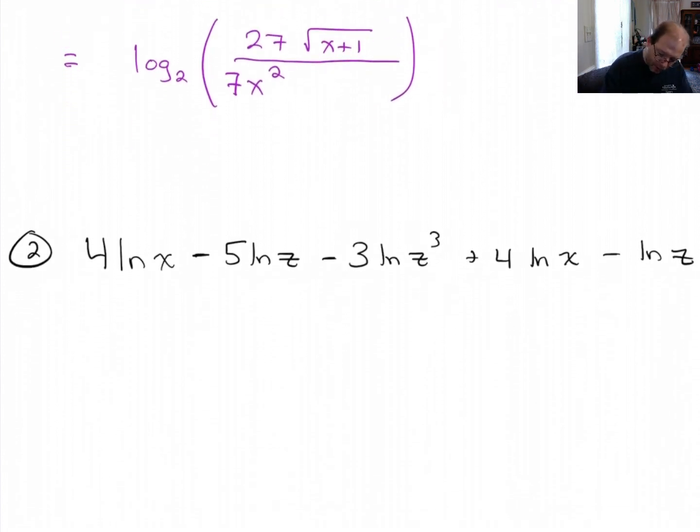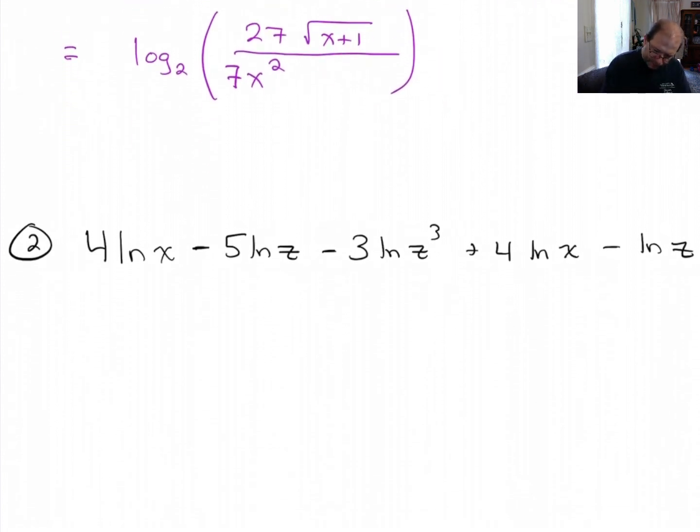All right, one more. Now looking at this, we've got several things. One thing you might notice, we got 4 natural log x and then another 4 natural log x. So we could combine that into 8 natural log x if we wanted to, but let's not do that yet. Let's go ahead and just write this up.